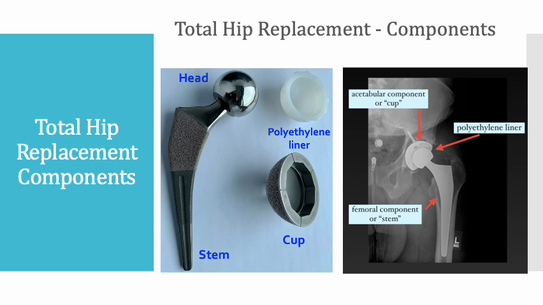As you've heard me mention a couple times, both the stem and the cup have a porous coating exterior. This is important because it allows for the bone to grow into the implants, which is important for longevity of the implants. Lastly, there is the polyethylene liner, which is made out of very strong plastic. This liner is locked into the cup and allows for smooth movement of the head component.